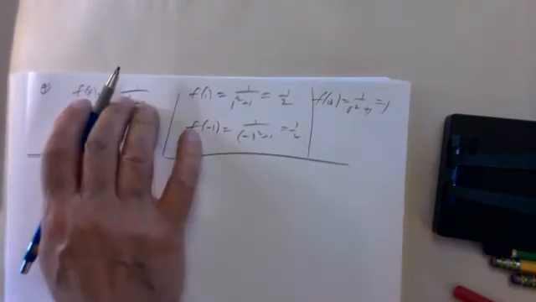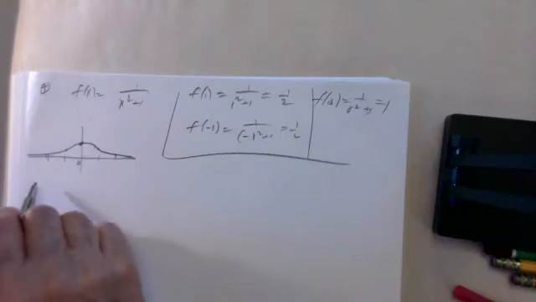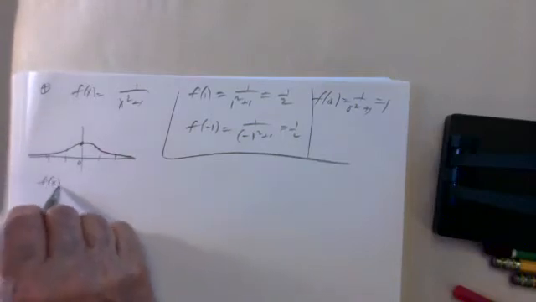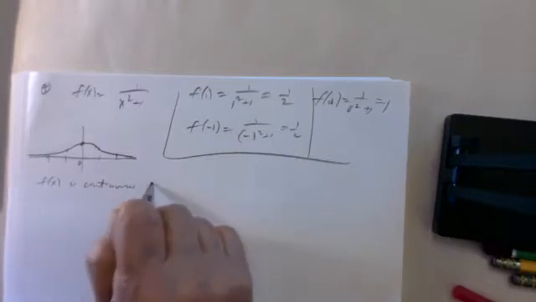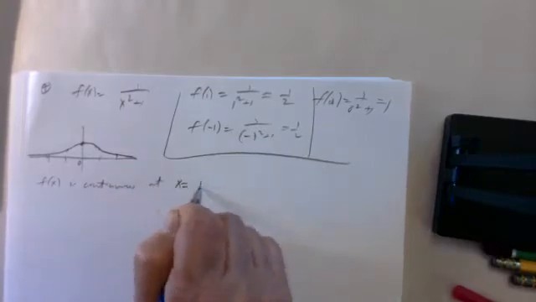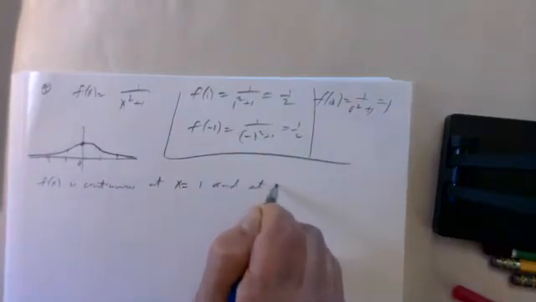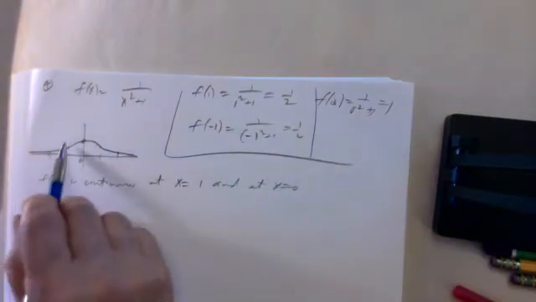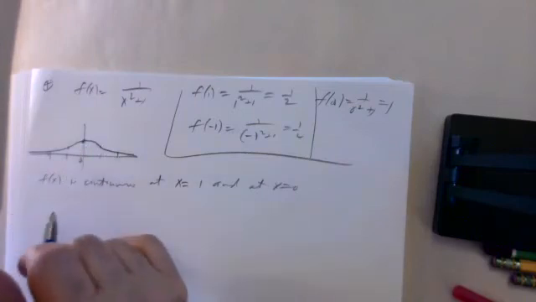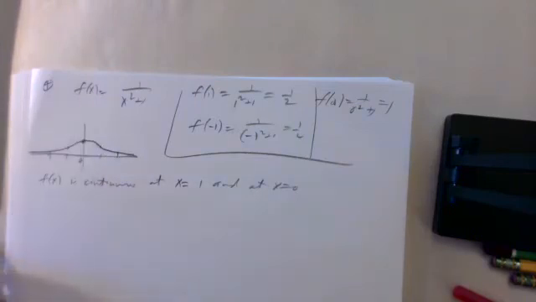It's a very nice curve. And the function is continuous at x equals 1 and at x equals 0, because the function is defined everywhere, the limits exist everywhere, and it's continuous everywhere. Exactly.